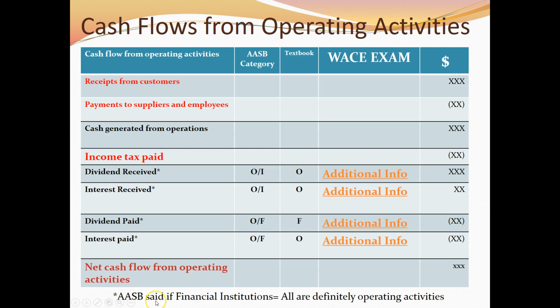ASB says if it's a banking or financial institution, all will be considered operating. Why is that so? It's because as a bank, the normal operation is to give out loans and get interest. When you invest your own money in another financial institution, again, you have interest received.